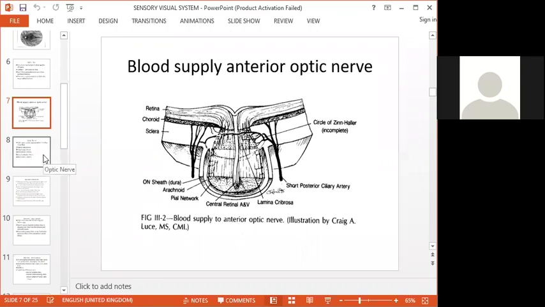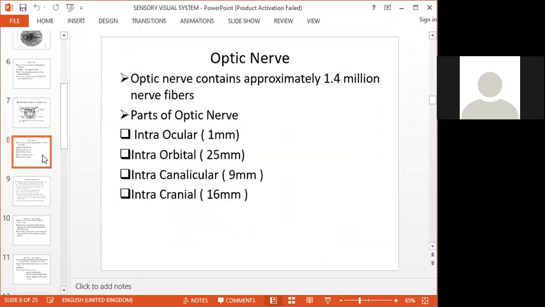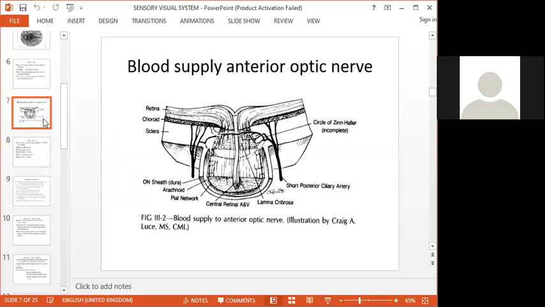Blood supply and the anterior optic nerve. The optic nerve contains approximately 1.4 million nerve fibers. And the parts of the optic nerve, you've got the intraocular, 1 millimeter. This is the intraocular part.